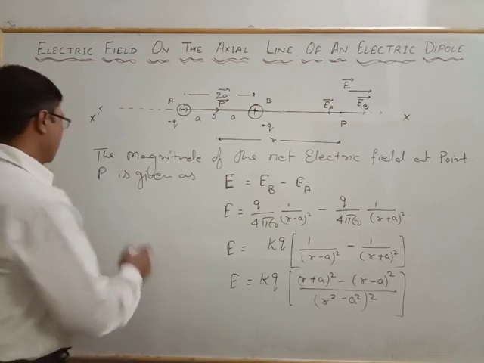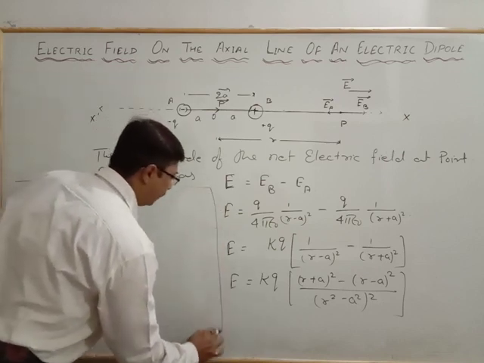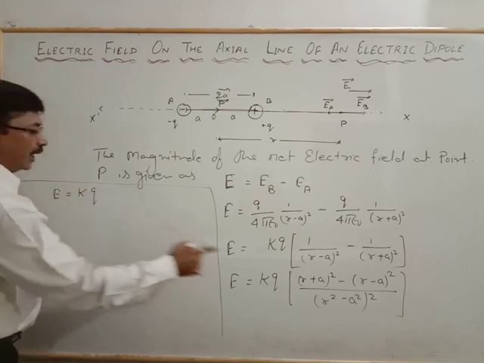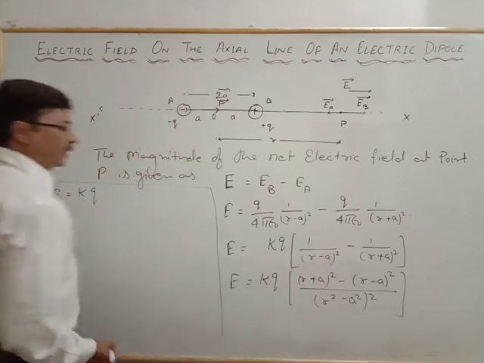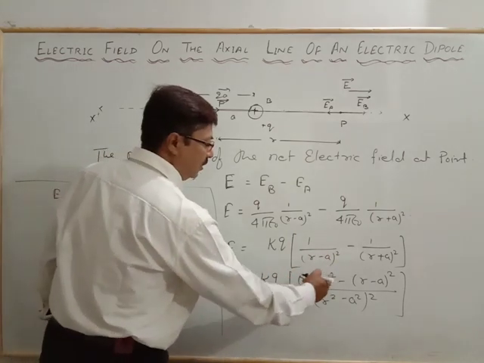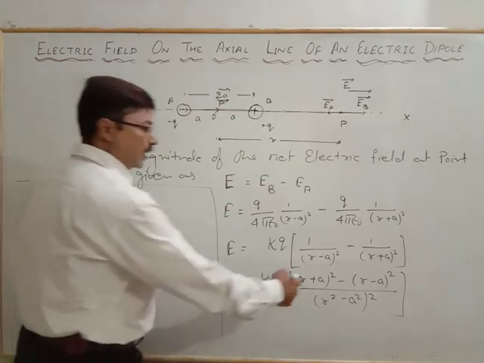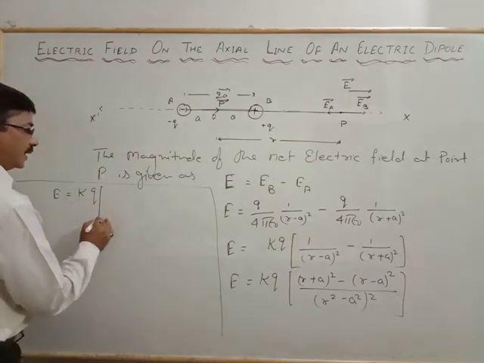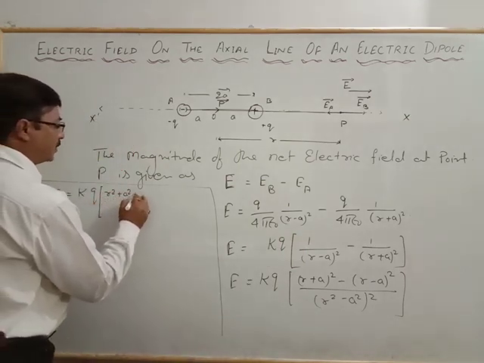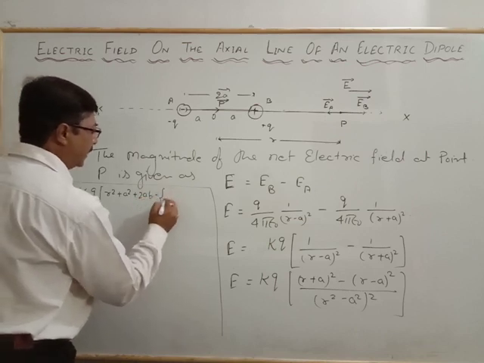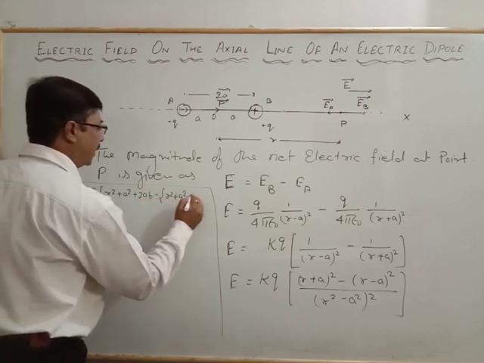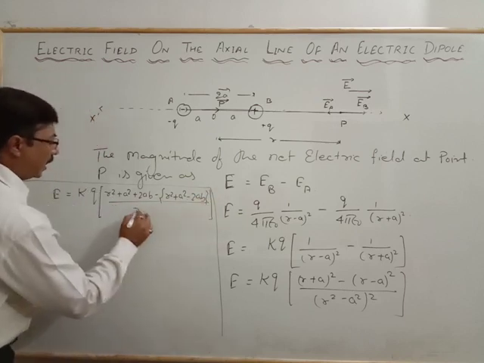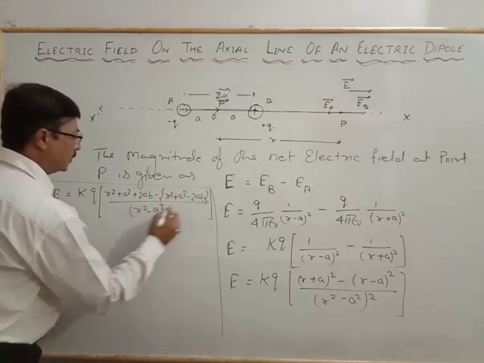So the electric field, just see here, E is equal to KQ, and simply (a plus b) square is a square plus b square plus 2ab. Here it is minus 2ab. So in that case, just see, r square plus a square plus 2ra minus, here it is r square plus a square minus 2ra, and then by (r square minus a square) whole square.